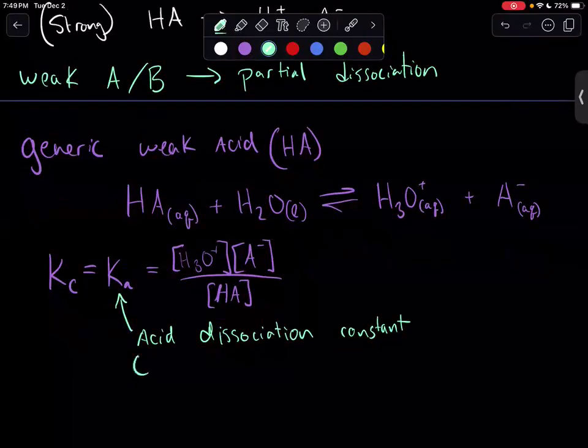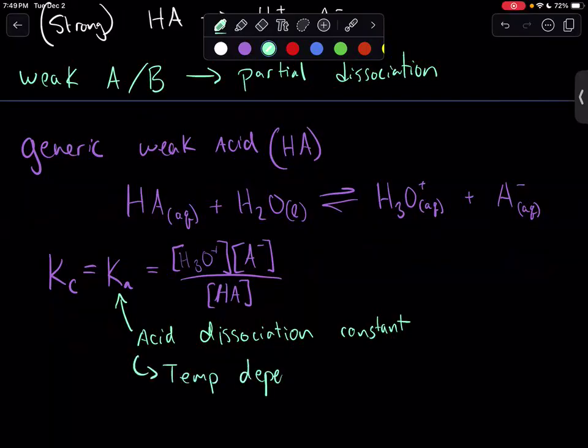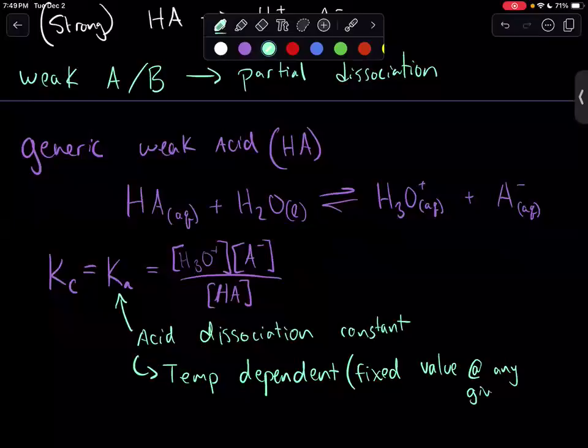Now, using equilibrium, we can actually figure out a couple things. First off, we can determine that this is temperature dependent, much like the equilibrium constant. And there will be a fixed value at any given temperature. So generally our temperature is 298 for this, but we'll have some given fixed value of Ka for each individual acid.